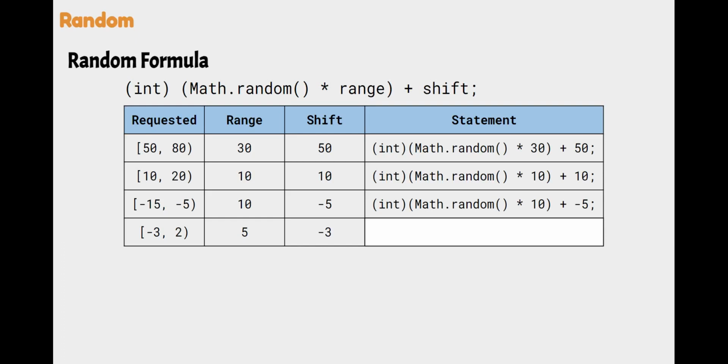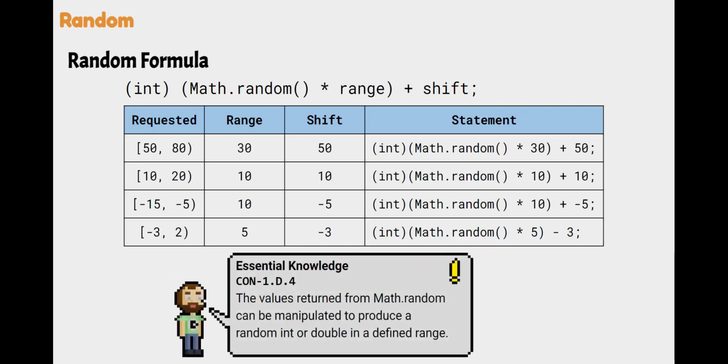That is a range of 5 numbers shifted to the left 3, so our shift is -3. An int cast of the quantity Math.random times 5, which is how many numbers we want. That's our range of numbers shifted to the left 3, -3. This aligns with our essential knowledge. The values returned from Math.random can be manipulated to produce a random int or double in a defined range.